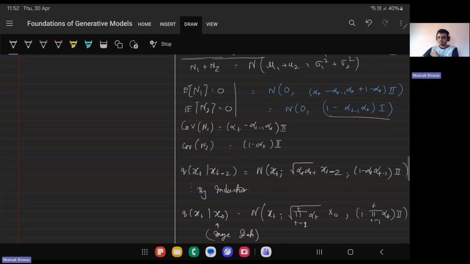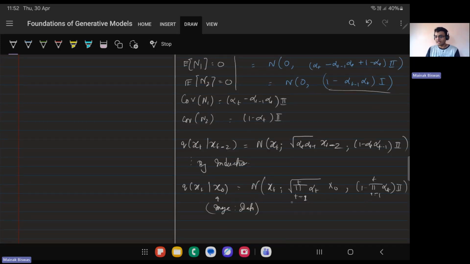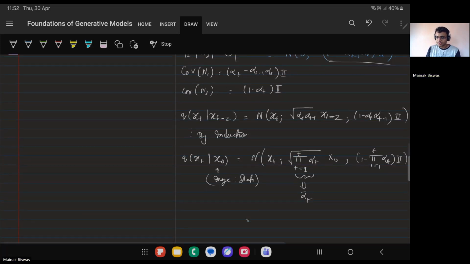So from now, I will write the product of the alphas as alpha bar. So given the data, I can write this as root alpha bar x_0, 1 minus alpha bar identity. So this is my distribution given the data.